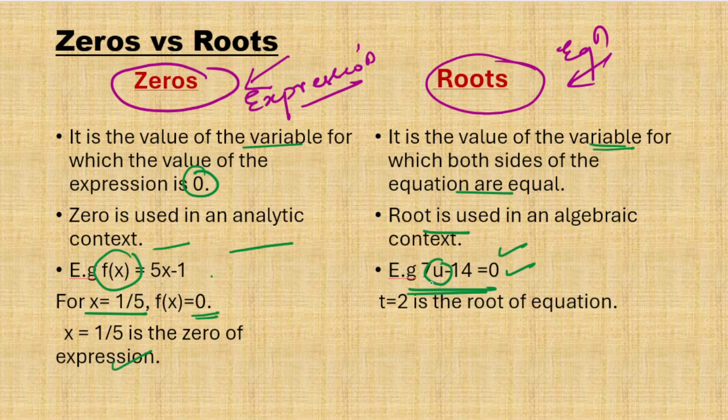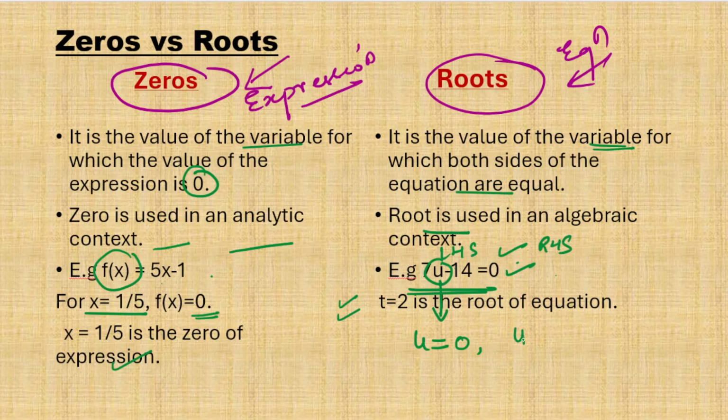Like in the example 7u minus 14 equals 0. Here when you put different values of u, positive, 0, negative, or fractional values, for a particular value of u the left hand side and right hand side become equal.